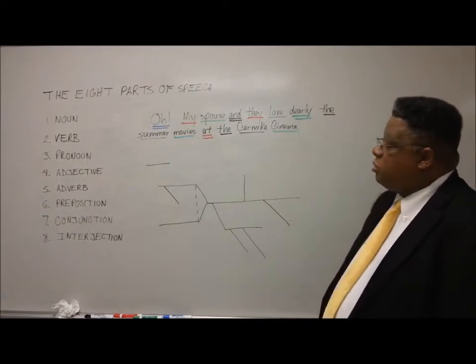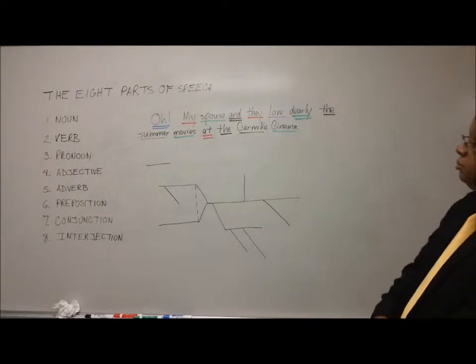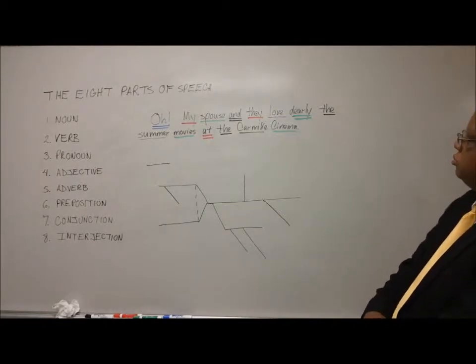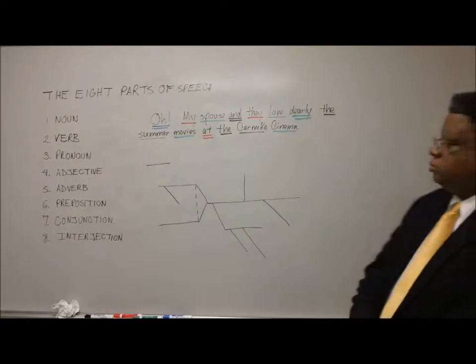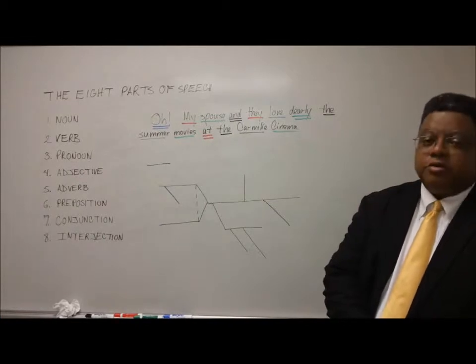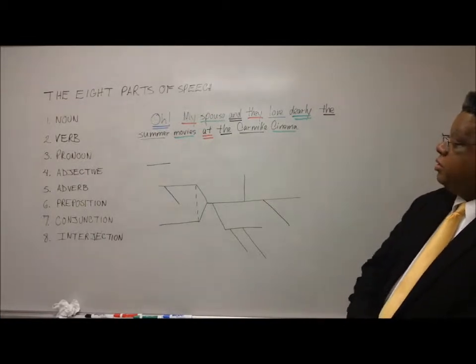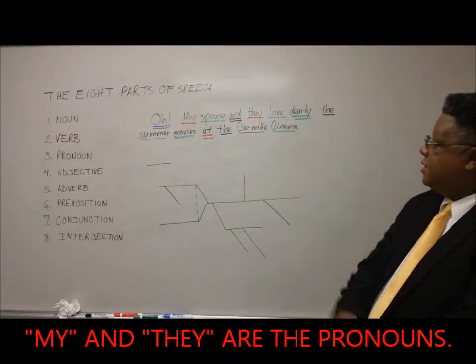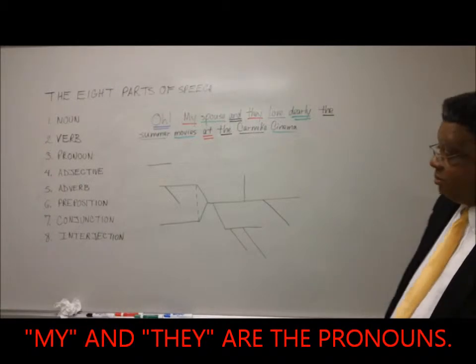Now, where are the pronouns in the sentence? How many pronouns are there? If you guessed that there are 2 pronouns, you're correct. The pronouns are the words my and I, underlined once in red.